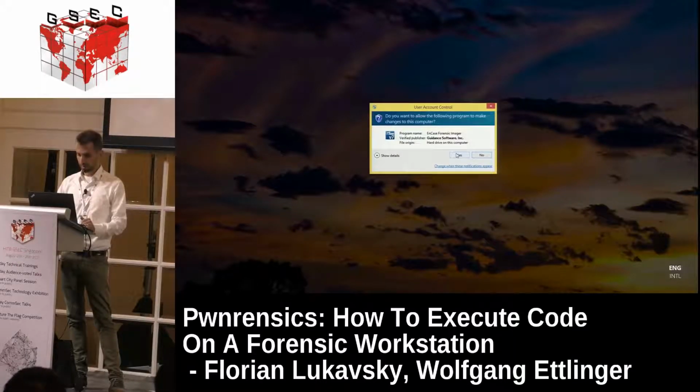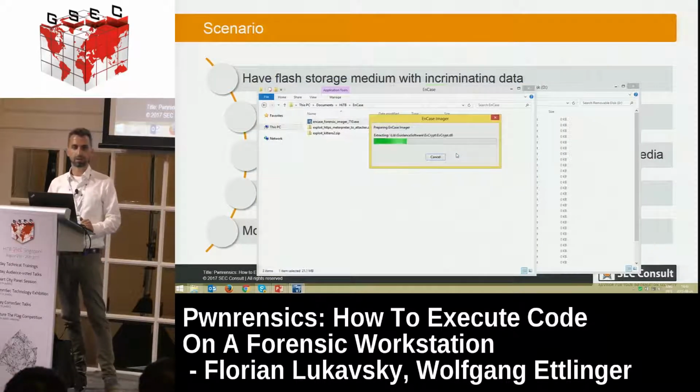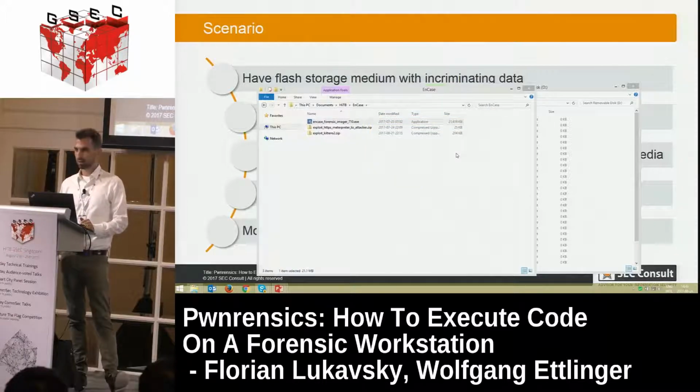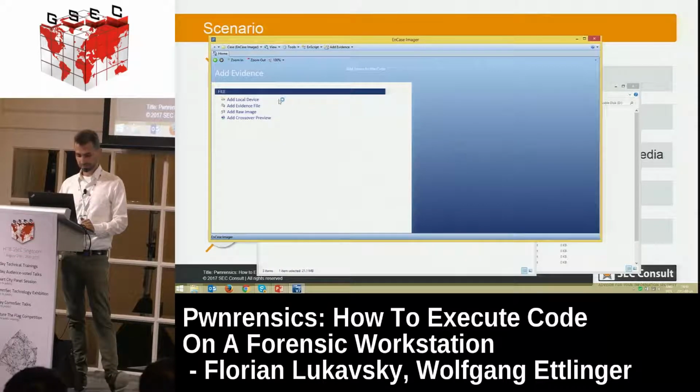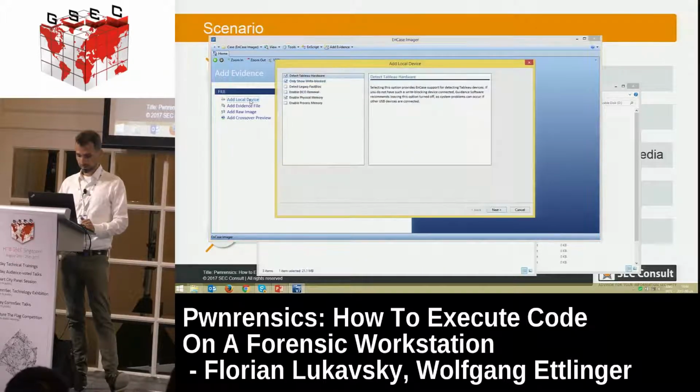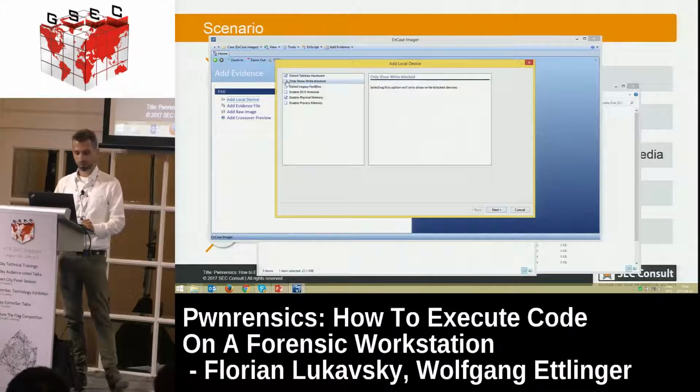So you see we are running EnCase Forensic Imager as admin user, so higher privileges. Makes more fun for code execution. So I now disable the write block check because I have directly attached the thumb drive, but it would work just as well via write blocked image gathering too.